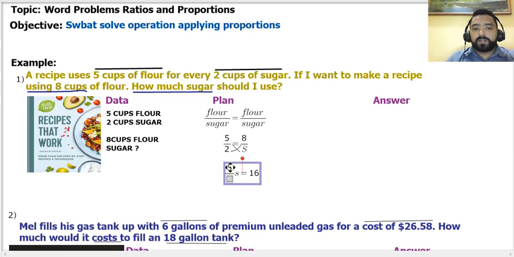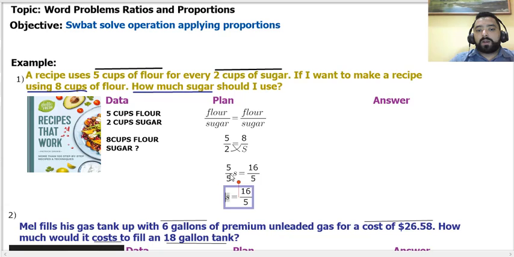Then we divide both sides by 5 to eliminate the coefficient of the variable. So 5 divided by 5 is just the letter S, the sugar, over 16/5. In this case we are going to leave this answer as a fraction, okay?